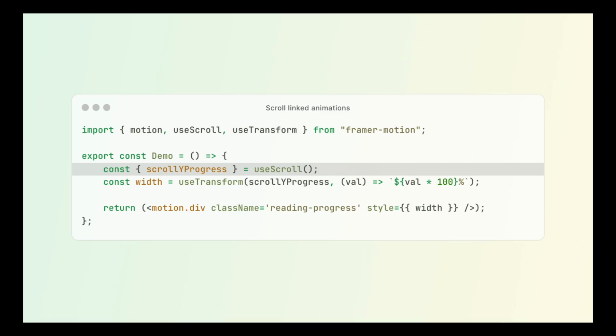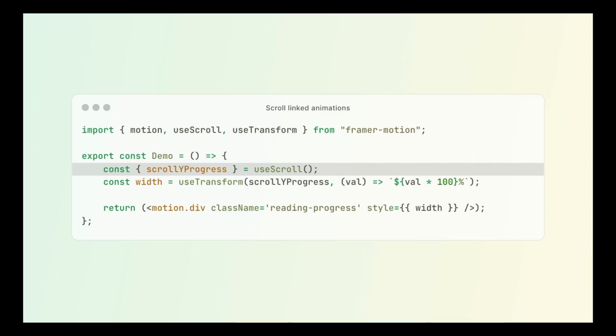In Framer Motion, the main way to react to scroll changes is to use the useScroll hook. This hook will return a bunch of different motion values which correspond to the absolute position of the scroll, so how many pixels from the top the user scrolled, to the relative scroll progress, so a value between 0, being not scrolled at all, and 1, which means the user scrolled the page all the way down.